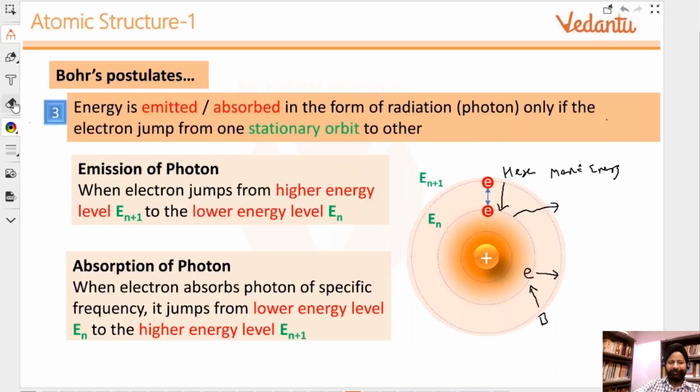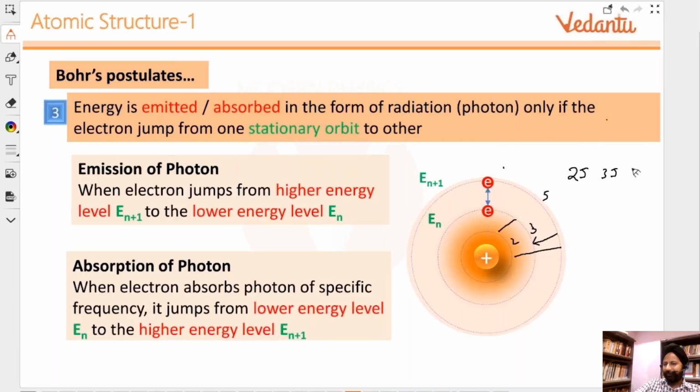I'm using very vague numbers here, just to get you started. Let's say the energy levels were 5 joules, 3 joules, and 2 joules. When it goes from one level to another, the only energy you get is either 2 joules, or 3 joules, or 1 joule.